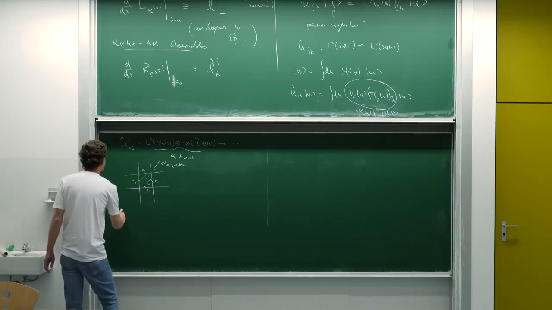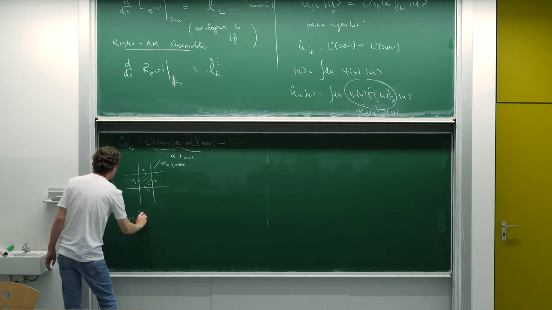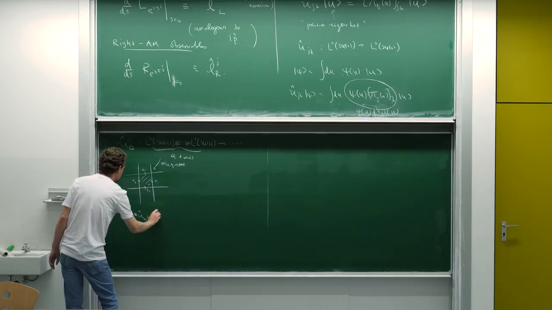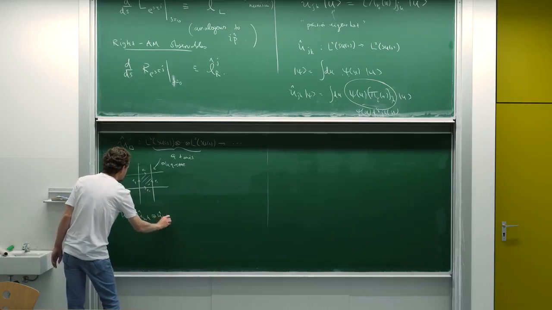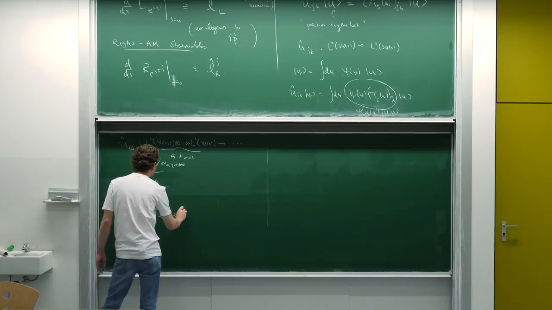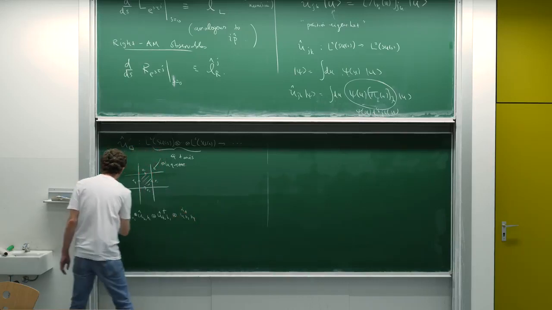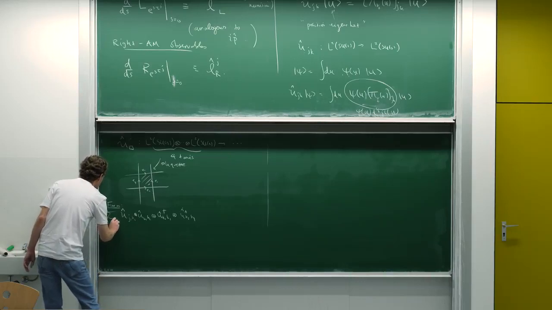And then what we're going to do is first form the following operator: u j1 k1 tensor u k1 k2 tensor u k2 k3 tensor u dagger k3 k4, summed over k1, k2, and k3.